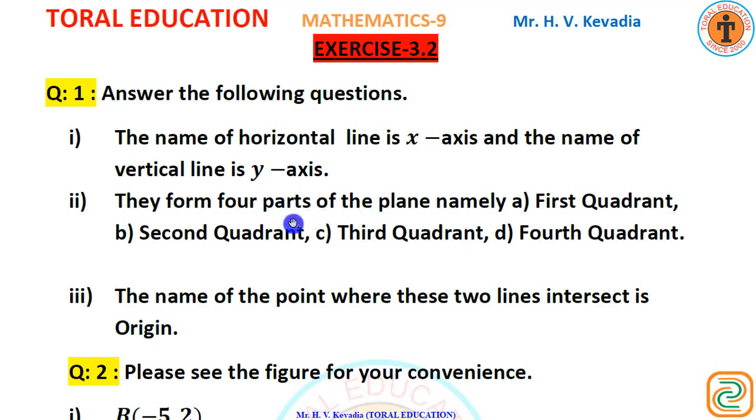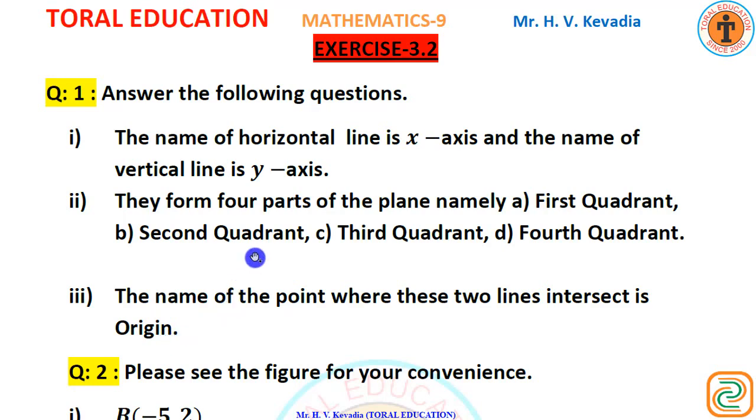The third question, write the name of the point where these two lines intersect. When the x-axis and y-axis intersect at a point, this is called the origin, right?